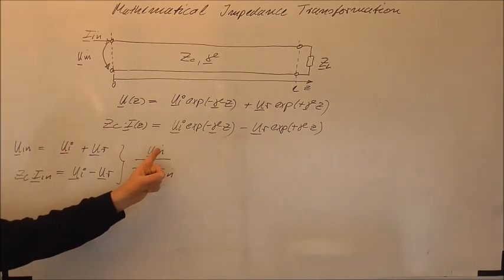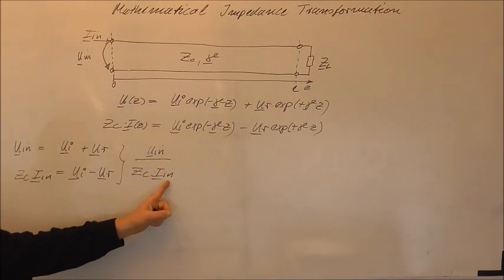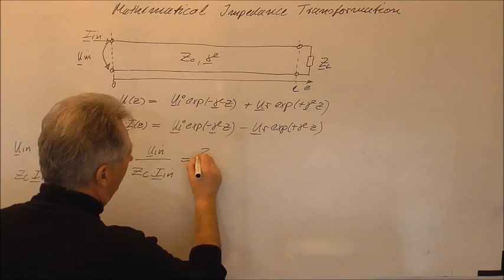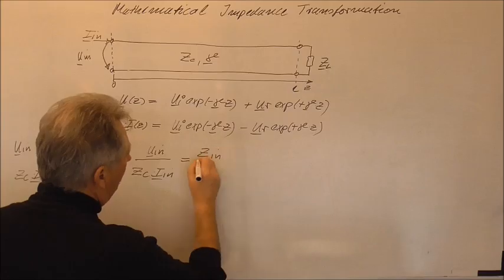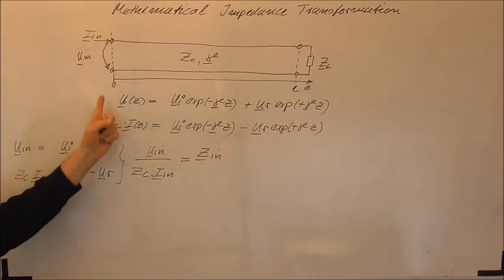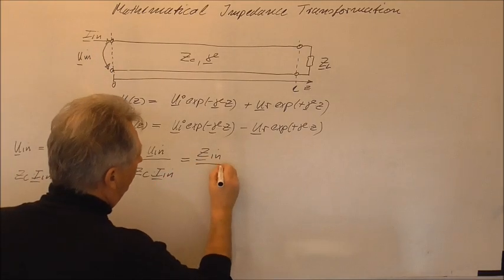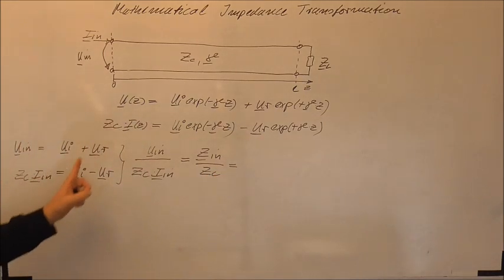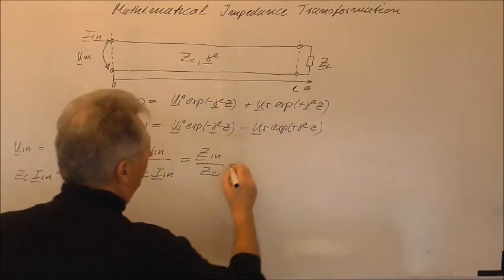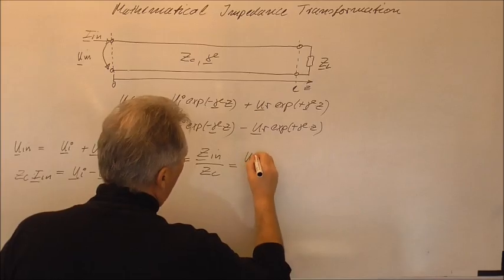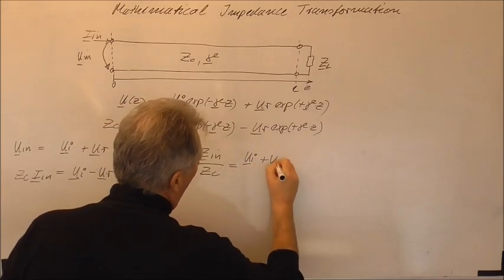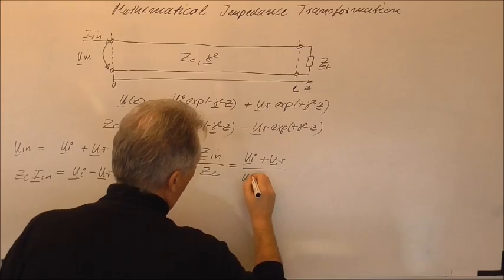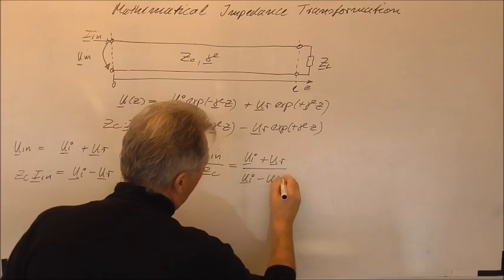And of course, u in divided by I in is nothing else but Z in, so the input impedance I see into this transmission line, with reference to the characteristic impedance, is just given by the ratio of ue plus ur divided by ue minus ur.